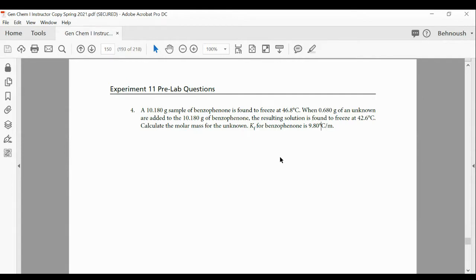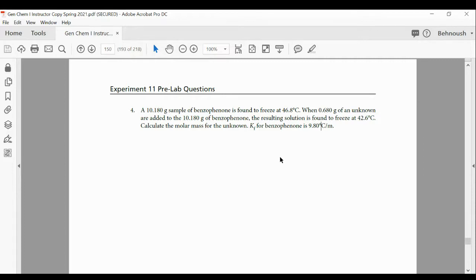And delta T here is 46.8 minus 42.6. So you find the difference, that's delta TF. And then KF value is 9.8. You find the molality. When you find the molality, you bring it up to this equation. And in this equation, you have the kilogram of solvent, you have the molality, then you find number of moles.